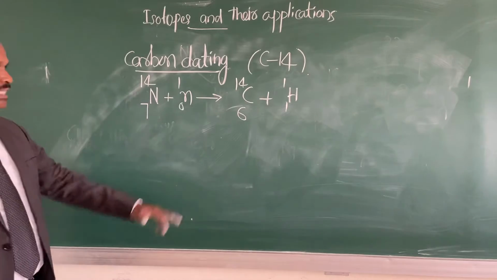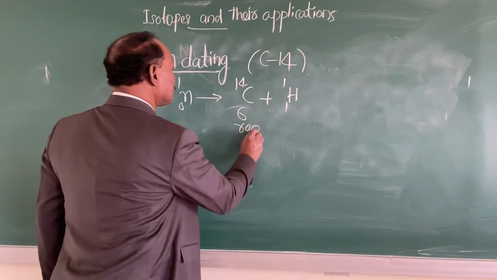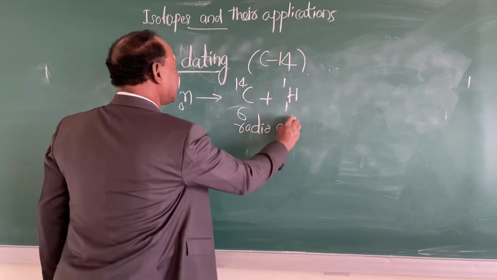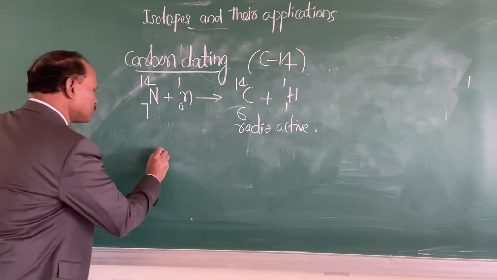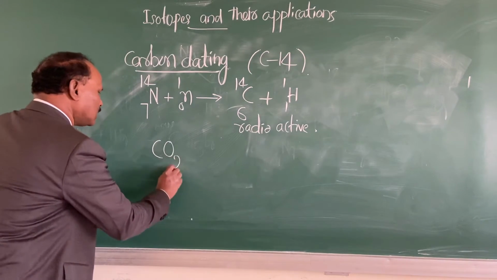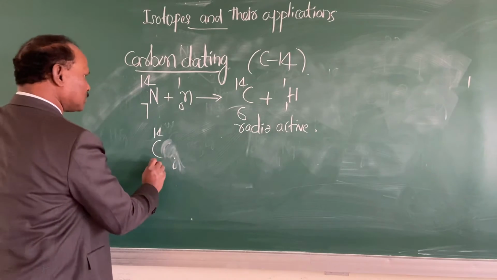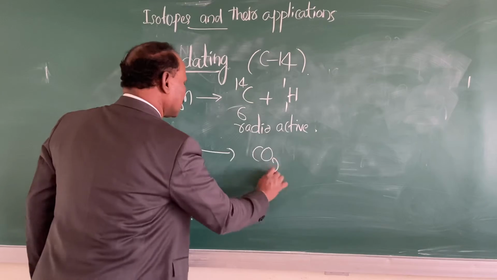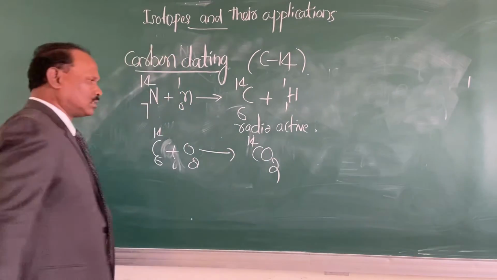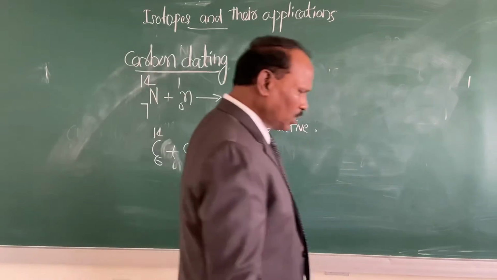Now this C-14 is radioactive. First it combines with oxygen to form carbon dioxide, 14CO2.